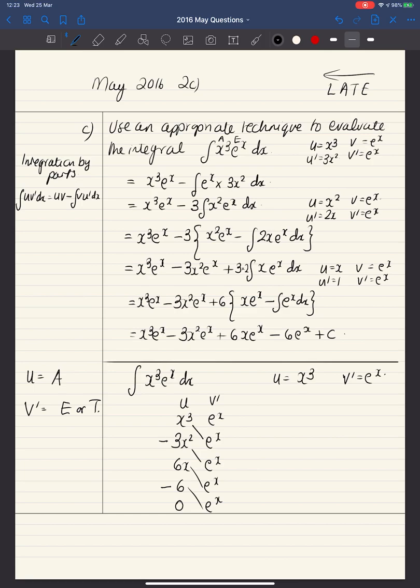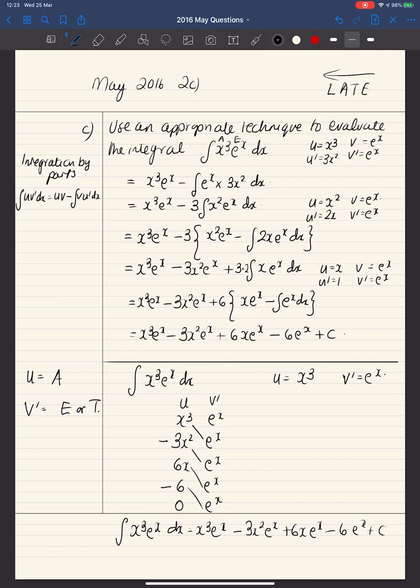Combine them together. So we can say the integral of x cubed e to the x dx is, we do the top one here, look, x cubed times e to the x. And then it's minus 3x squared e to the x plus 6x e to the x minus 6 e to the x plus c.